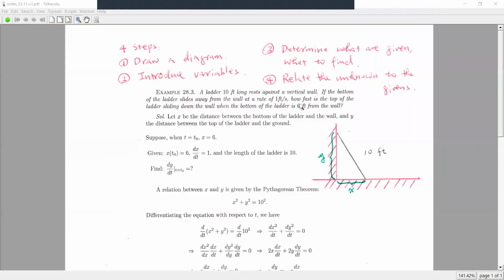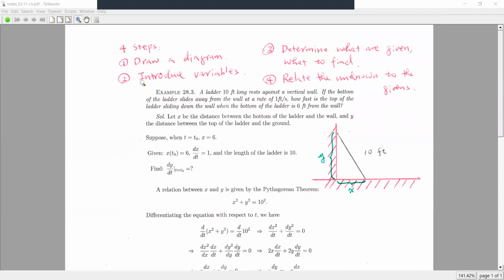To answer the question, step 1, draw a diagram. This is the diagram. This line represents the ladder. The length of this line is 10 feet.